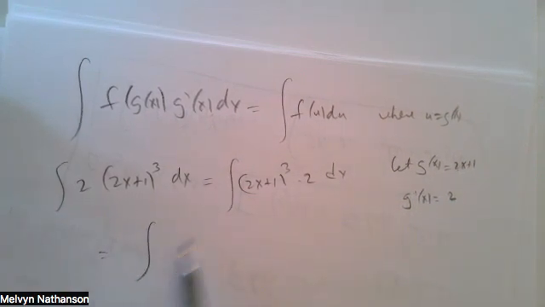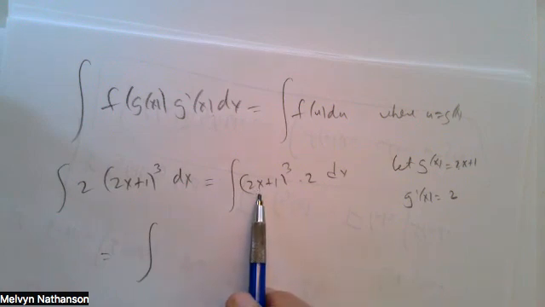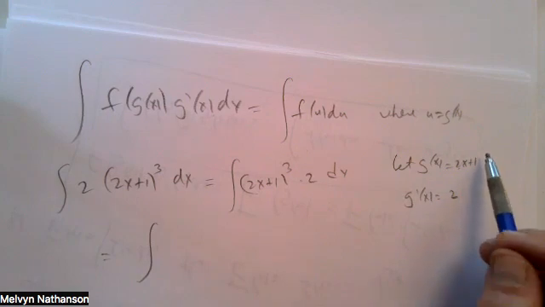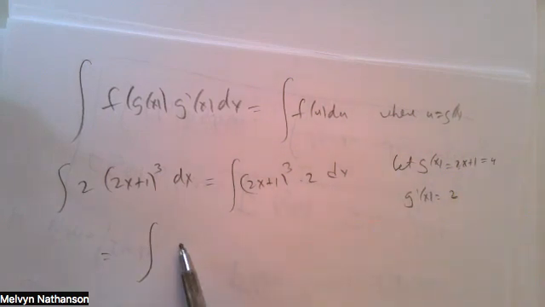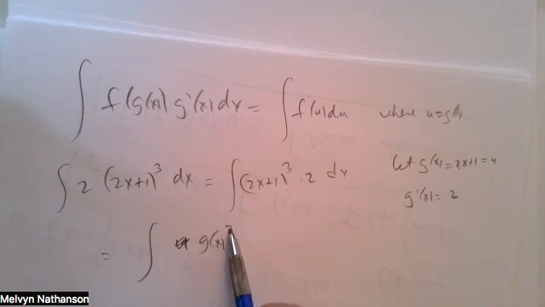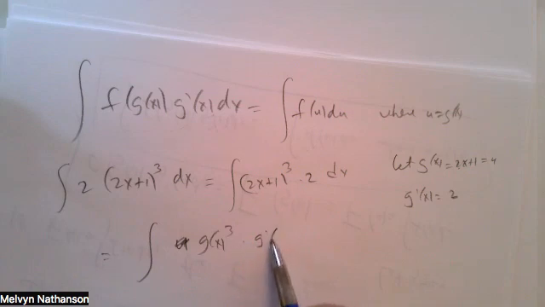So this looks like the integral of g of x, which is what I'm going to call u, cubed times g prime of x dx.